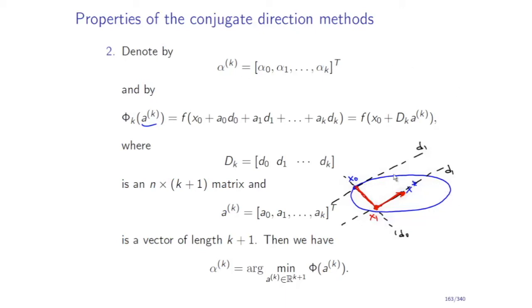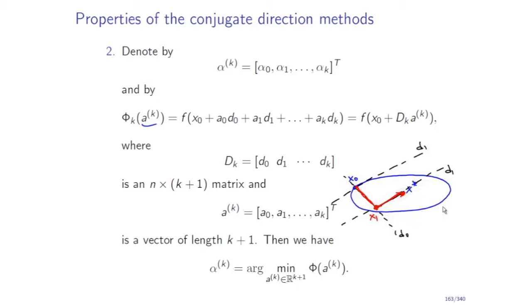For this two-dimensional case, this means that performing optimization with respect to two step sizes simultaneously is the same as taking the direction d0 first and finding the minimum of f along this direction, which is the point x1, and then at x1 taking the direction d1 and looking for the minimum point along this direction, and I would end up at the point x star.